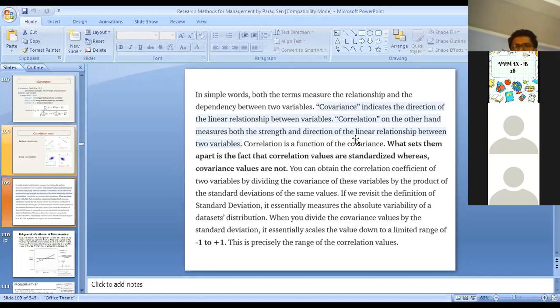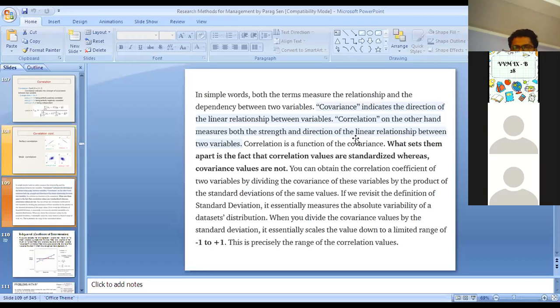For example, if the R value for x and y is +0.9, you can understand two things. One is that the relationship between x and y is very strong, because you are having a 0.90 or 0.95 value, which is very close to 1.